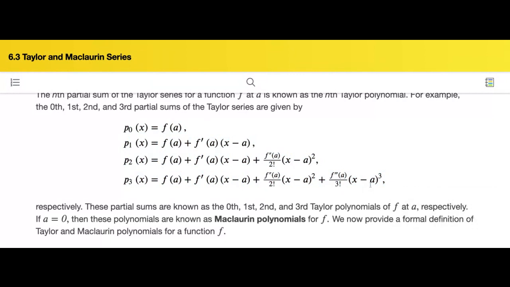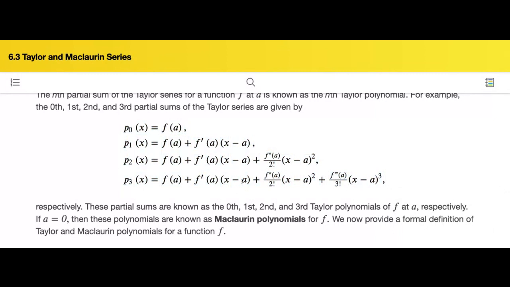Or if we include the third power, we have a constant, we have linear, we have quadratic, we have a third one. So the leading term is x cubed, right? Of course, with this f'''(a) divided by 3 factorial, times x raised to 3. So 3 is the highest power.